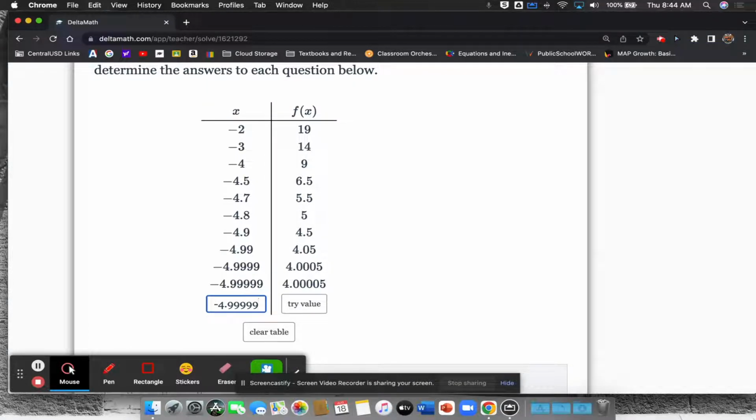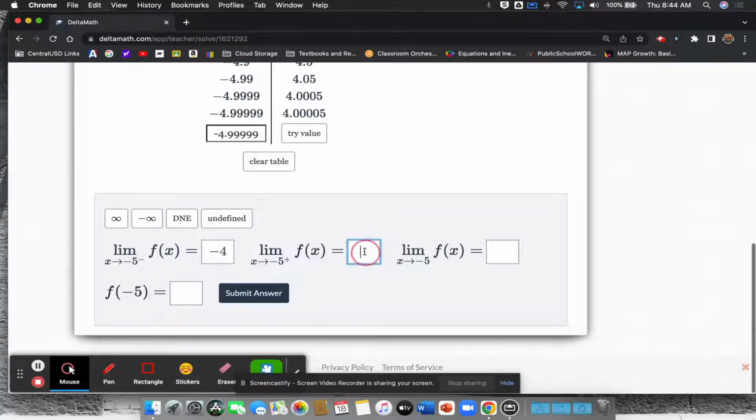So from the other side, the positive side, where does it look like I'm getting close to? 4 as well, right? Okay, I'm approaching 4.